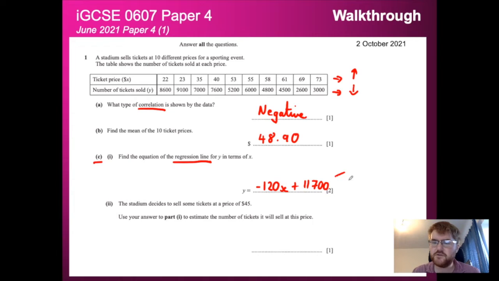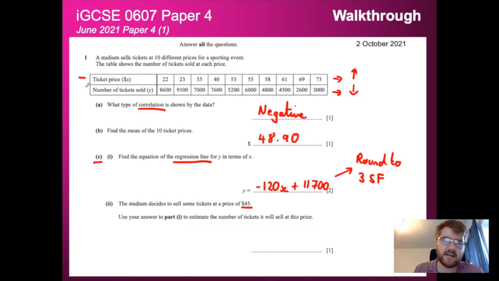Just make sure when you're doing this stage, you always round to 3 significant figures. That's really important. Okay, so make sure you get the fully correct answer there. And at this point, we can actually use this formula to do the next question. So the stadium decides to sell some tickets at a price of $45.